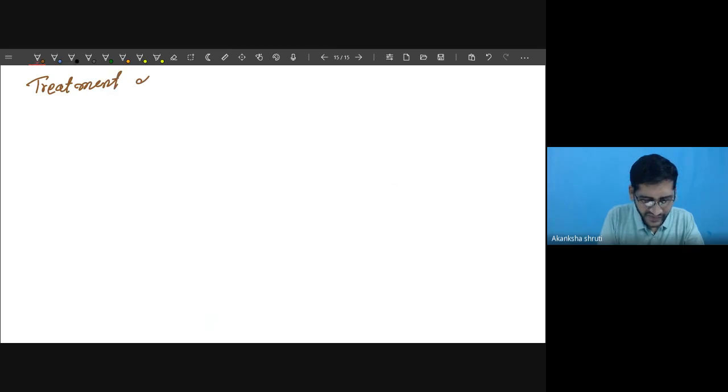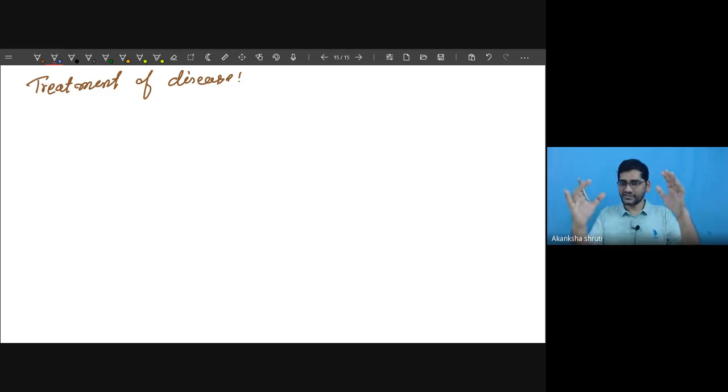Treatment of disease. This treatment can be of two categories. One is symptom based. Based on the symptom, the medicine is given so that the symptom is reduced. Say the fever is high, so give medicine for reducing the fever.